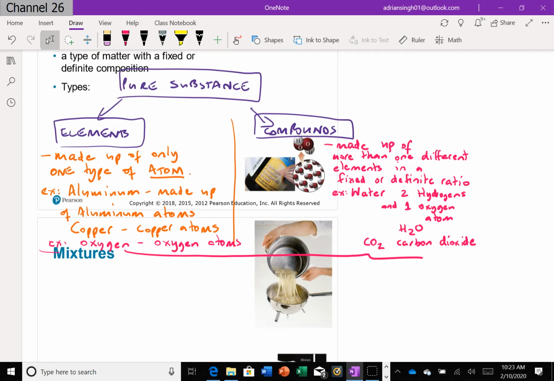The second main category of matter compared to pure substances is your mixtures.